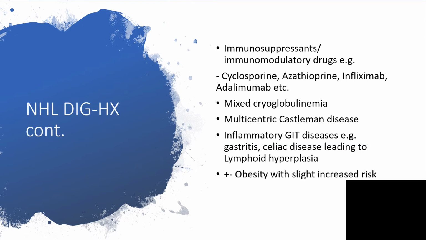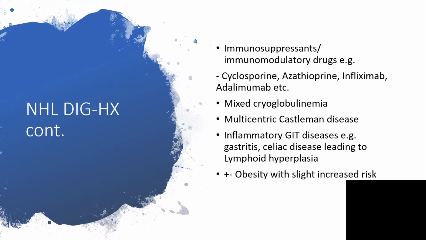Still on the history, it's nice to know the history of immunosuppressant or immunomodulatory drugs in this individual. For example, history of Cyclosporine usage, Azathioprine, disease-modifying anti-rheumatic drugs like Infliximab, Adalimumab, and so on.